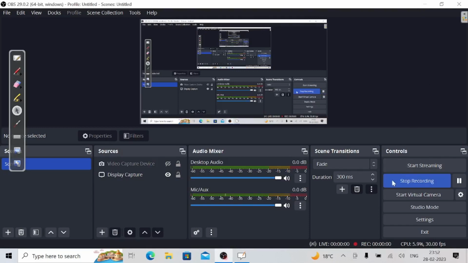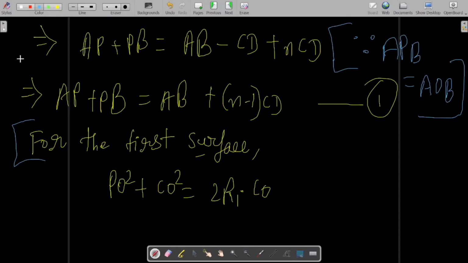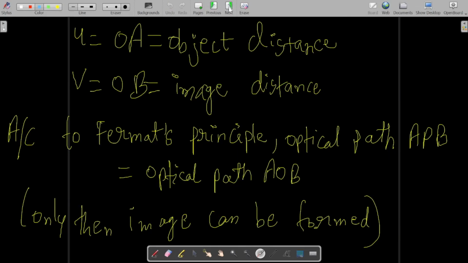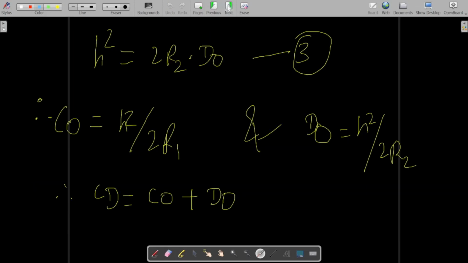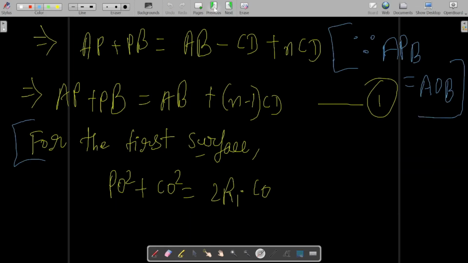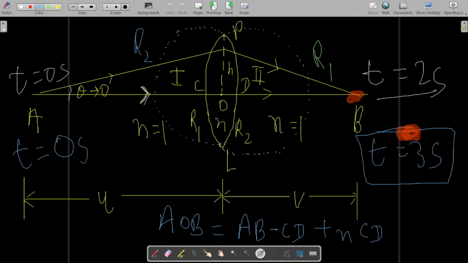Yes, welcome once again. So we had learnt up to here that equation 1 we had derived. Now for the first surface, let's see where your first surface is. Yes, this is your first surface.